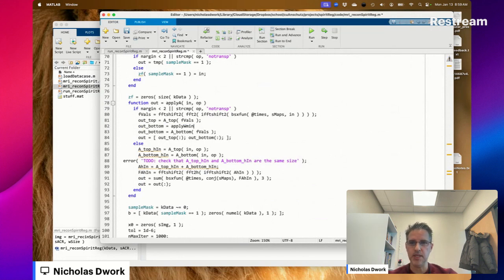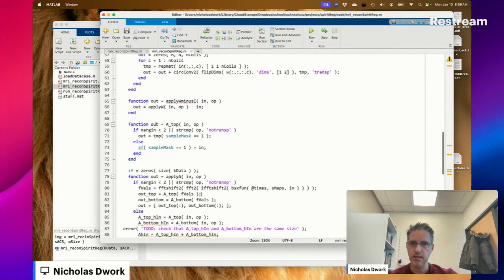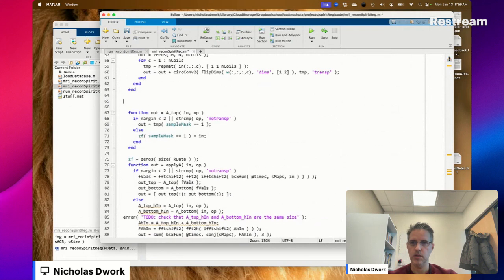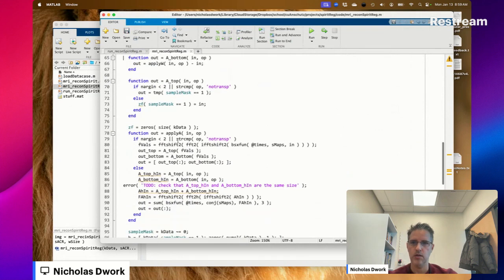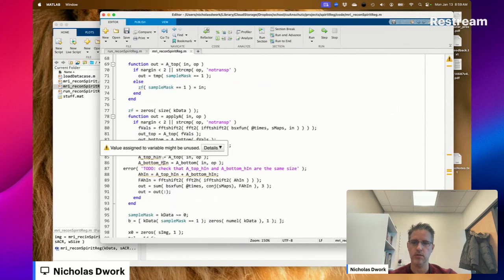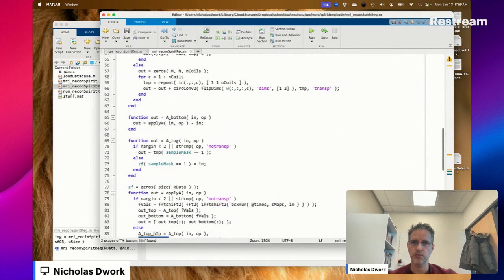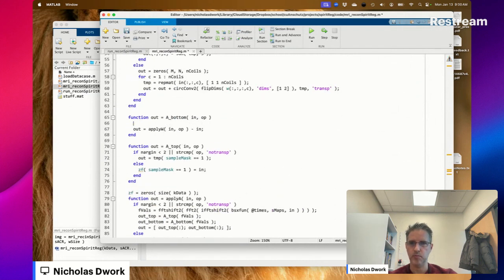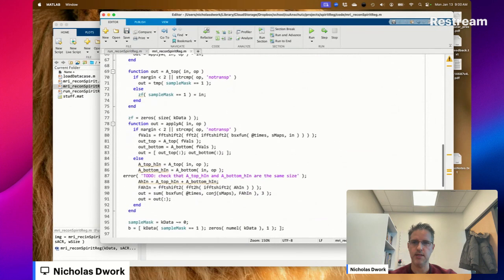I think it makes the code cleaner to call this a bottom. I think that's fine.